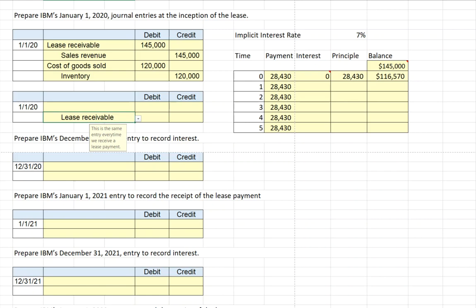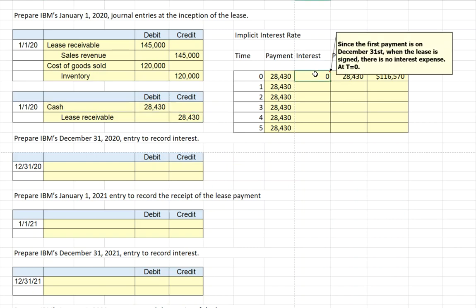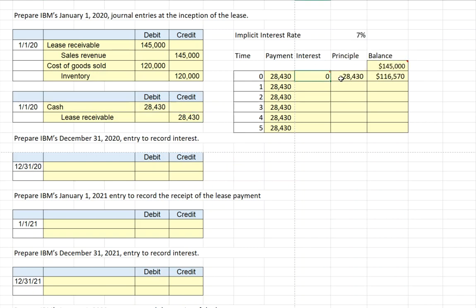And again, we are going to credit the lease receivable and debit cash for the amount of the lease payment. We do that every time we receive a lease payment. So again, since we've received a payment at time 0 and there is yet to have any interest revenue earned, the entire amount goes to reduce the lease principal.